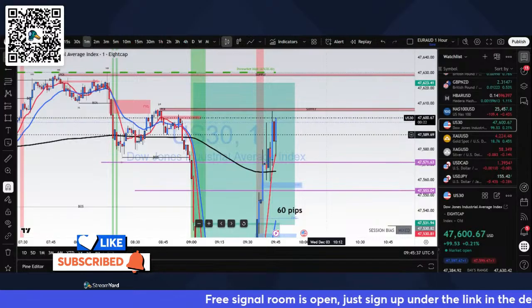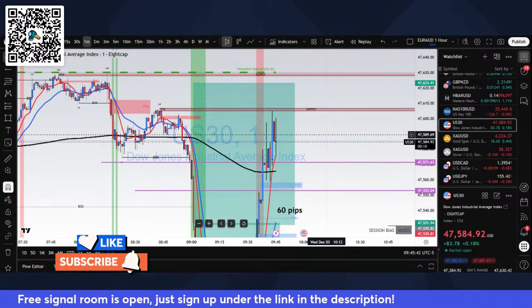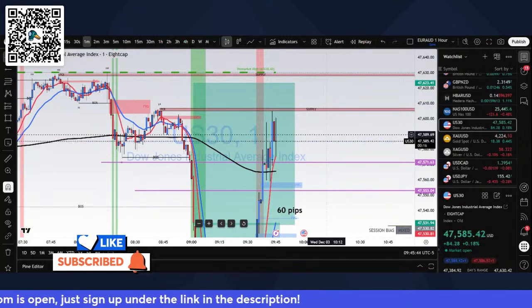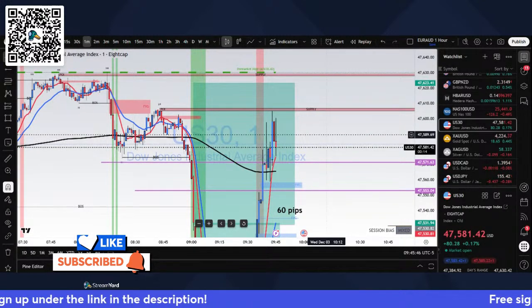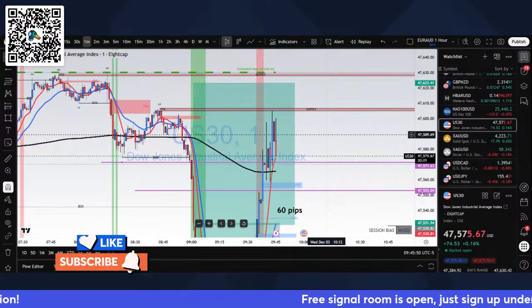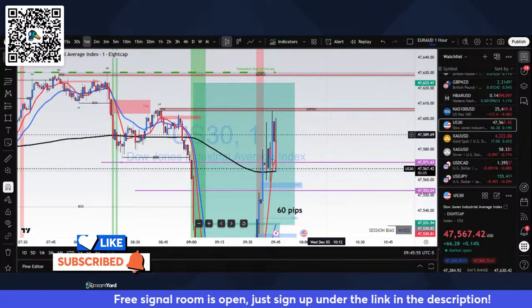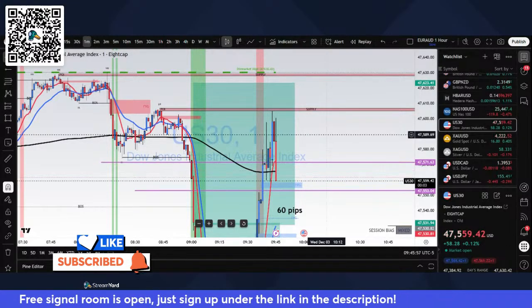Here it comes. 15 minutes to the news. No, go the other way. Hopefully it's just going to touch the 200 and go back up. Nope.